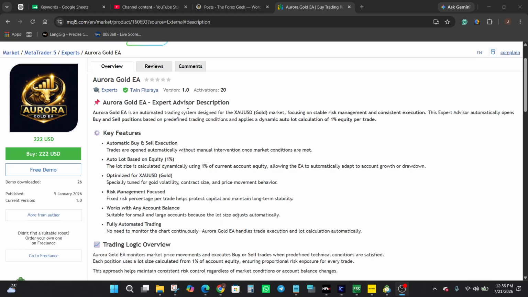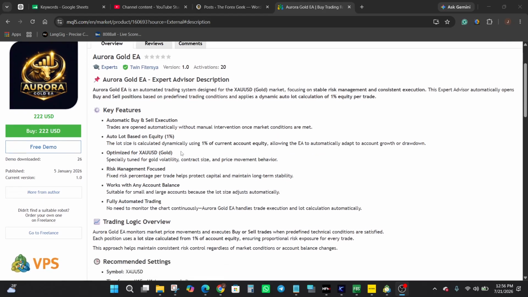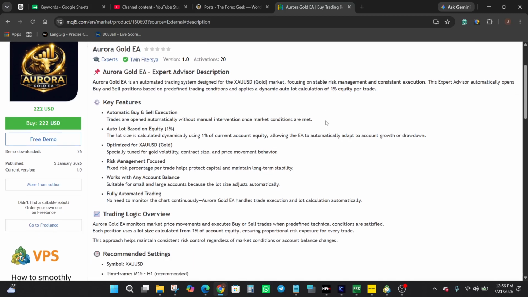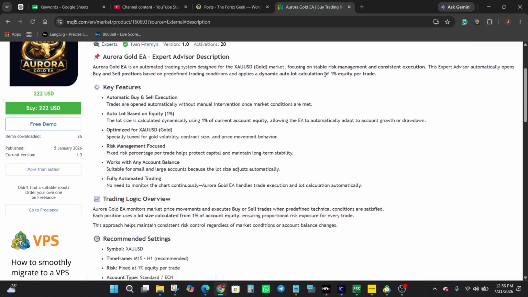The listing describes this as an automated system built specifically for XAUUSD, focused on stable risk management and consistent execution. The standout detail here is the lot sizing approach. Rather than a fixed lot, positions are calculated dynamically using 1% of current account equity per trade.